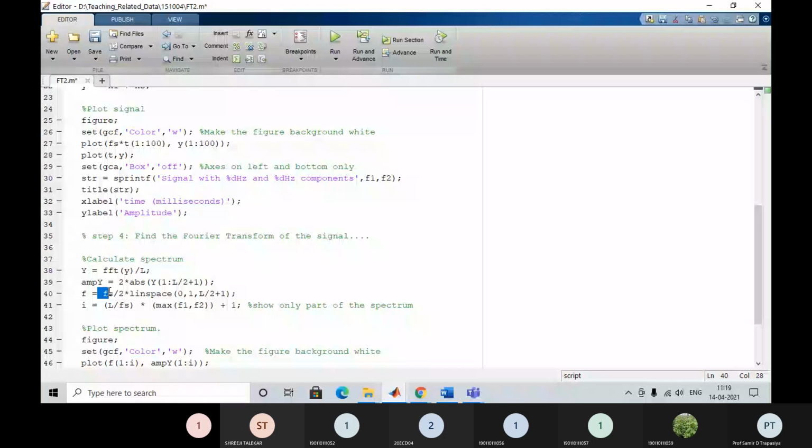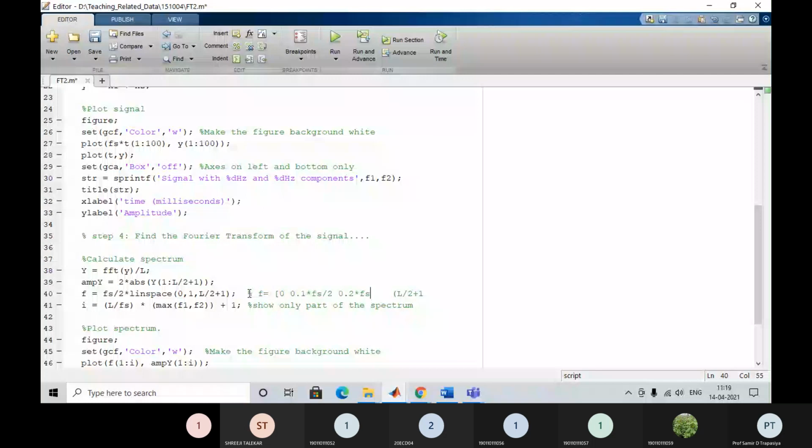So our frequency domain f starts from 0, then some value, let's say 0.1 times fs by 2, then 0.2 times fs by 2, like this up to the last element, the L by 2 plus 1 point, multiplied by fs by 2.